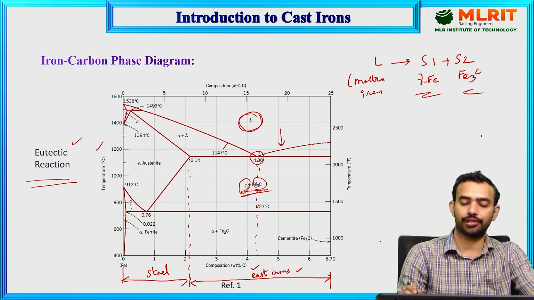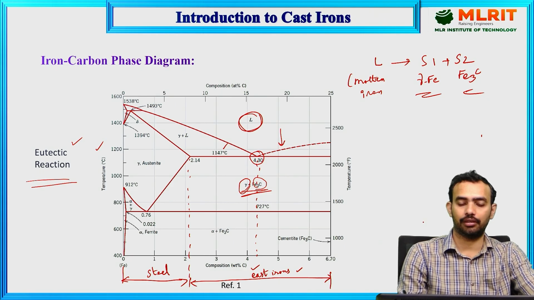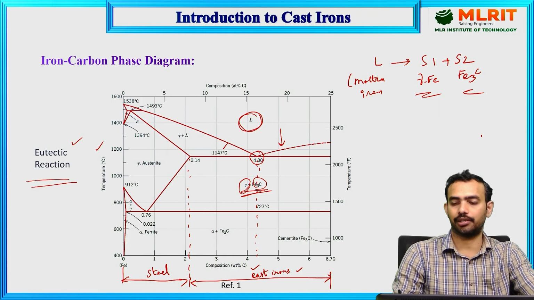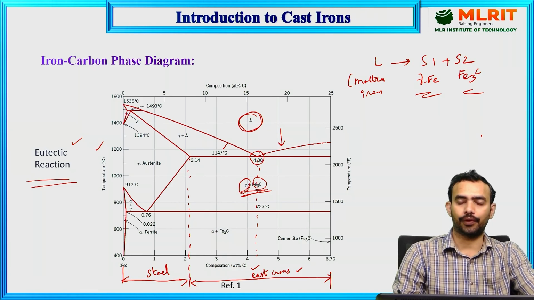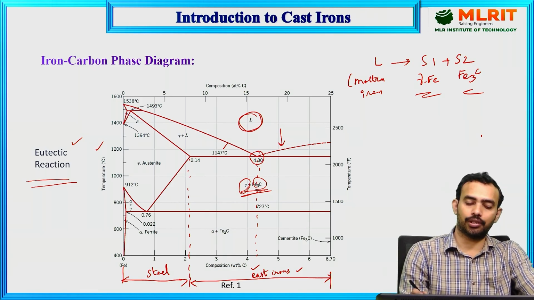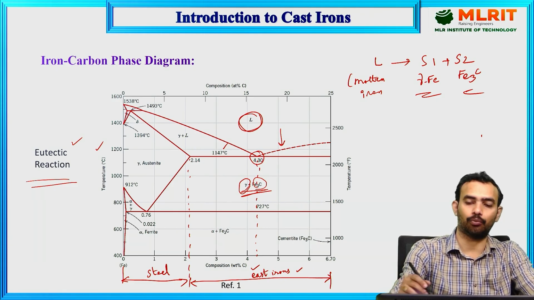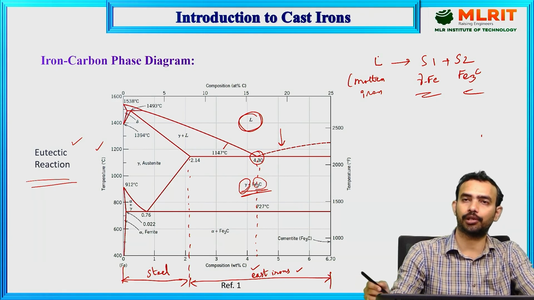Gamma austenite has an FCC crystal structure, whereas cementite is basically a ceramic material. It's a carbide, cementite, a very hard material. This reaction is called the eutectic reaction, where one liquid is transformed into two solids upon cooling.